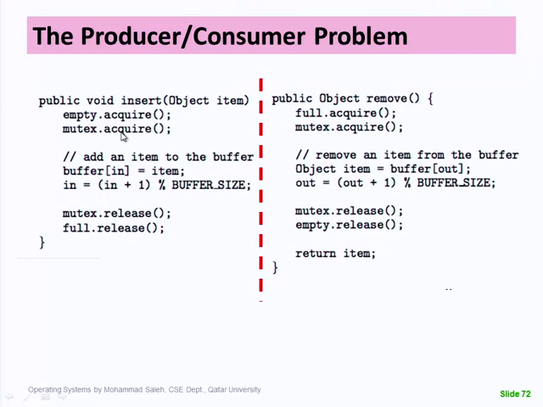However, it is waiting while still holding the lock, the mutex lock, which is the lock to the bounded buffer. And when the consumer tries to execute, it cannot get hold of the lock of the bounded buffer. So we have deadlock.